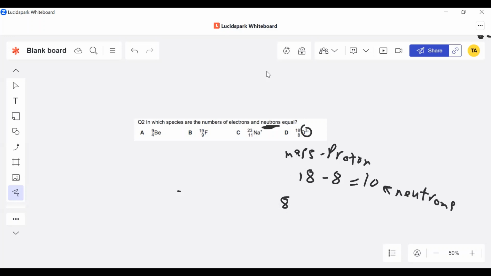But 2 minus means I gained 2 electrons other than the 8 electrons. So I get 10 electrons as well. And yes, you guys are right, because both the electron number and the neutron number are the same. Both are 10, so the answer is D.